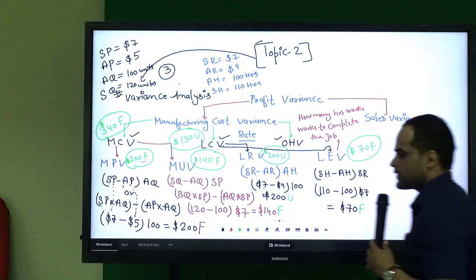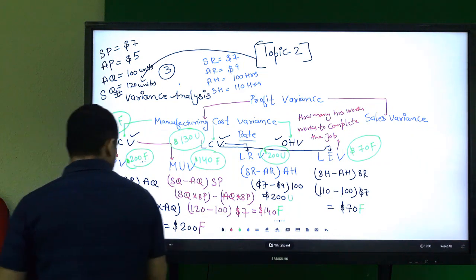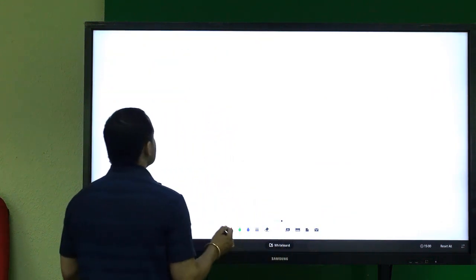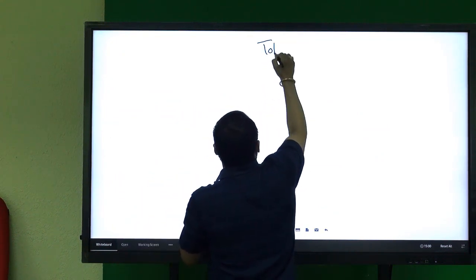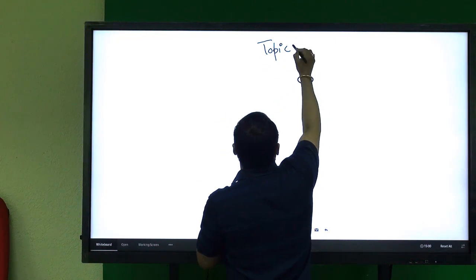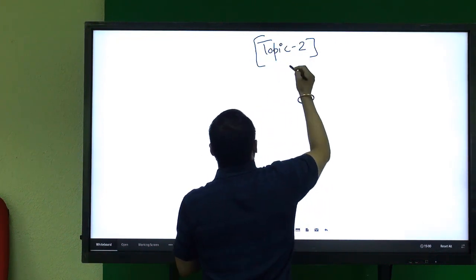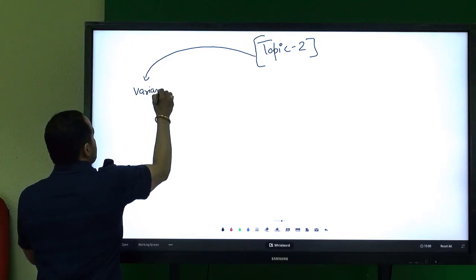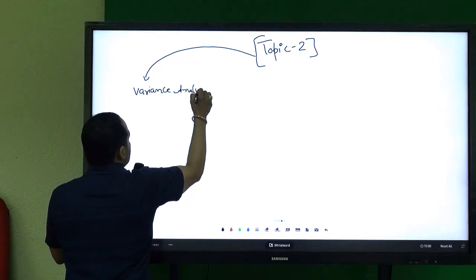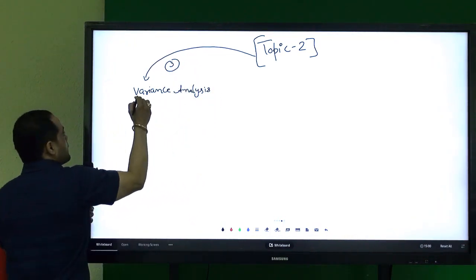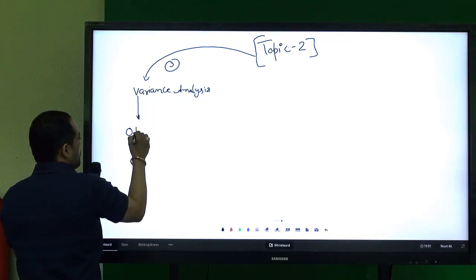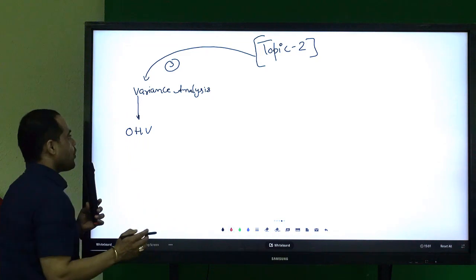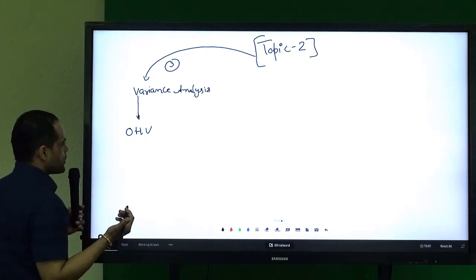So let's move on to the next. Overhead cost variance.